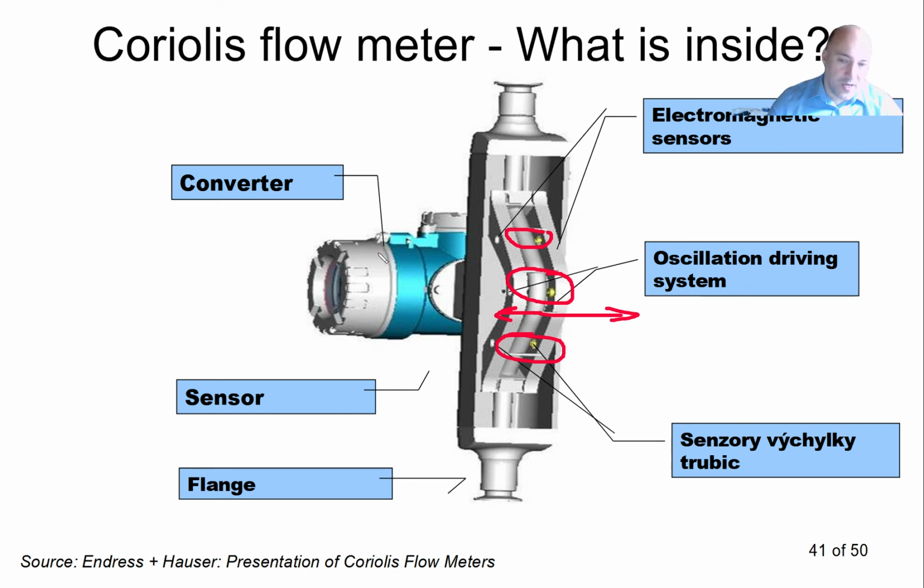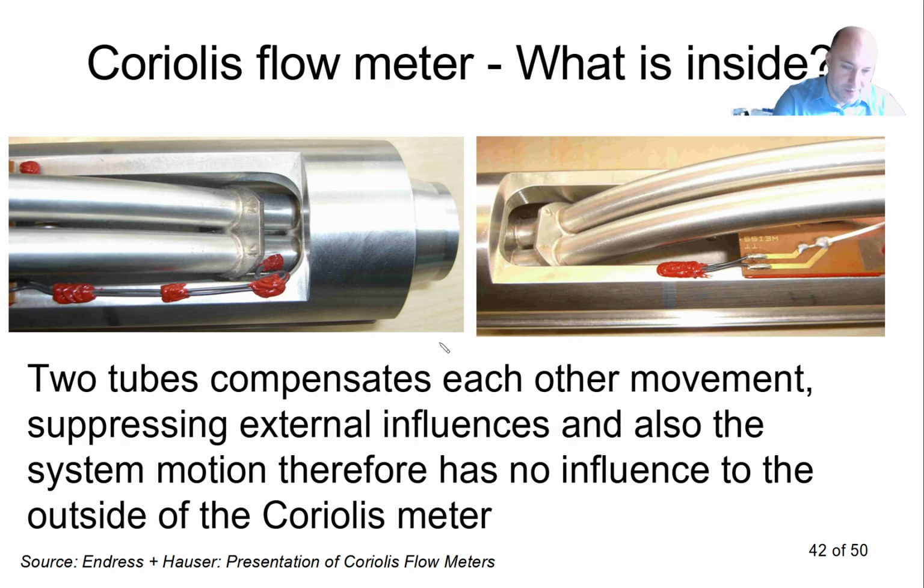And then we feed that to a converter electronic unit that takes this position sensor data and gets the correct mass flow. So if you open it up, it looks like this. You can see either one or two stainless steel or titanium tubes. They are oscillating like that.